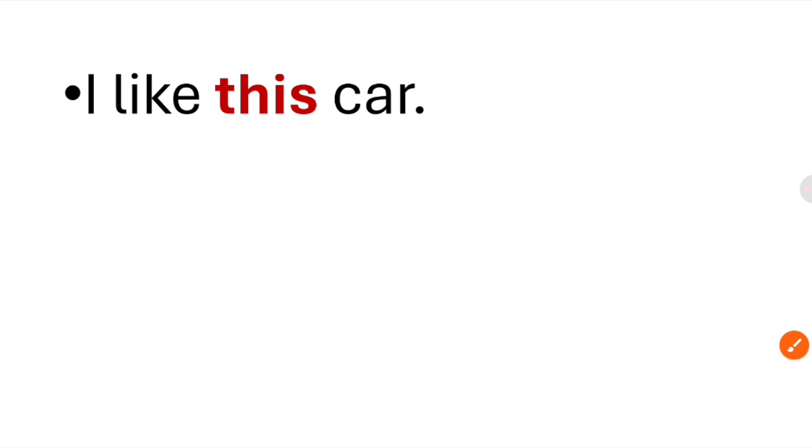Remember that an adjective can be replaced by another adjective only. So here, how will you identify that "this" is used as a demonstrative adjective? If you replace it with another adjective, then it will be clear that it is used as an adjective, not as a pronoun. So you can replace it, like, I like this car.